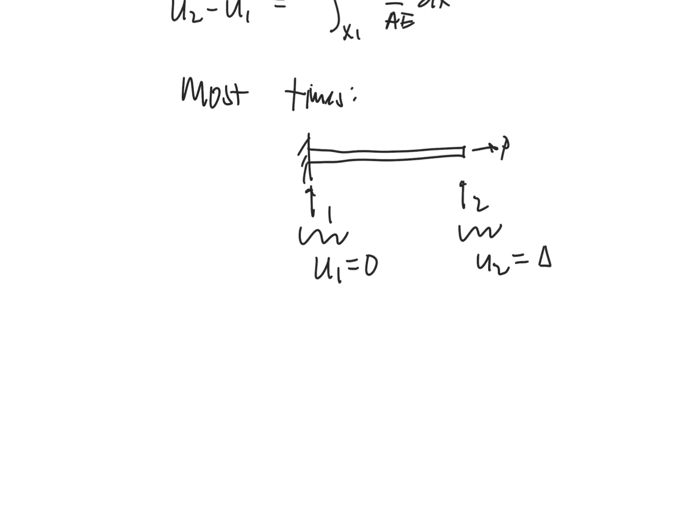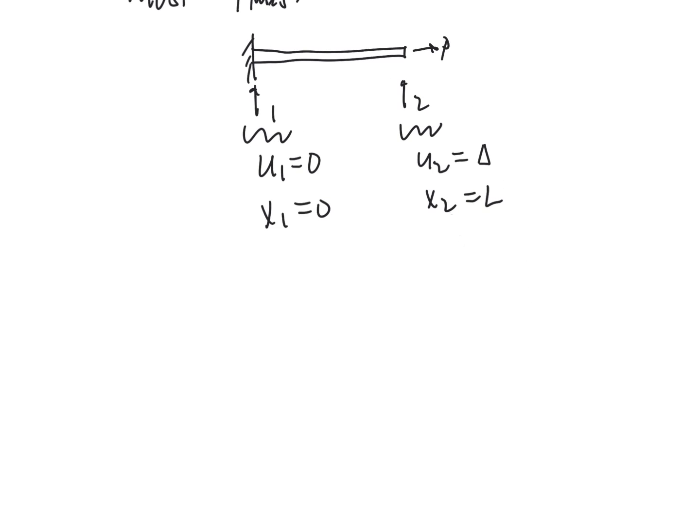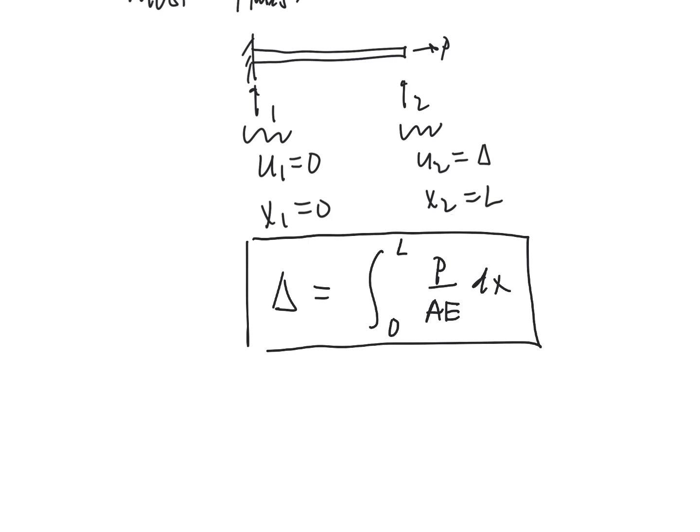So incidentally, it also means that x1 is 0 and x2 is equal to L. So almost always we would write it as delta is equal to the integral from 0 to L of P over AE dx. And that one we want to commit to memory. We get the end displacement by integrating the strain over the length of the bar. So that goes on the sticky note also. And that also ends the first part of today's lecture.